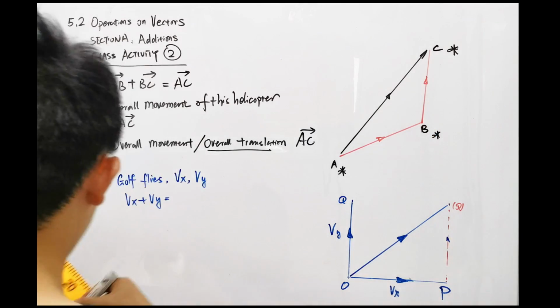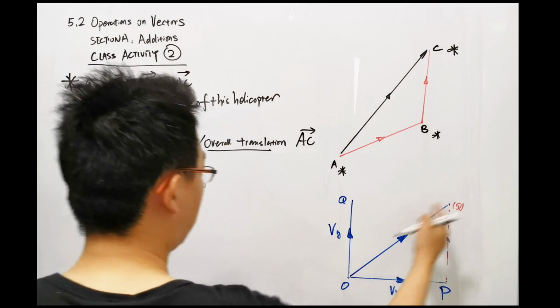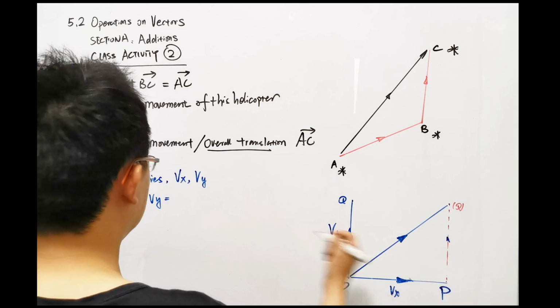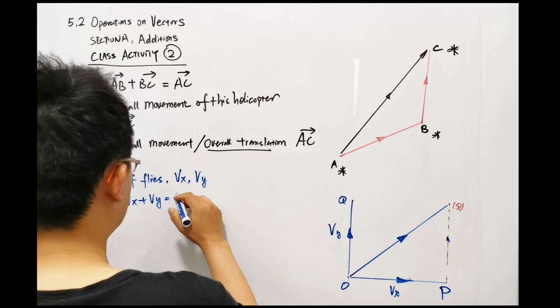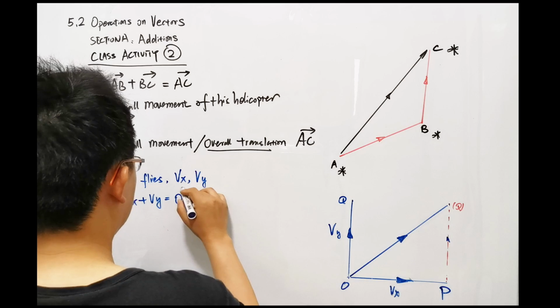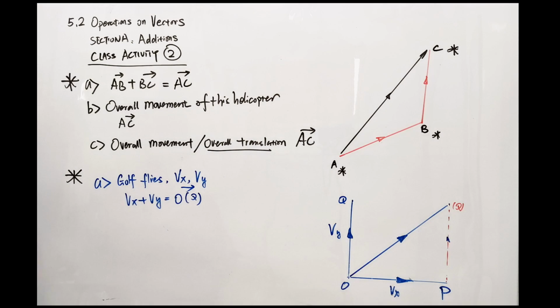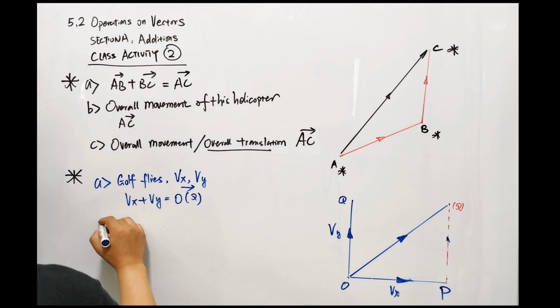Here we use the parallelogram law. Then we find this is OQ. So we have a single vector for this.